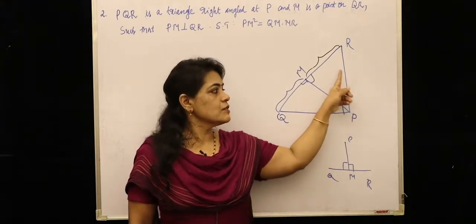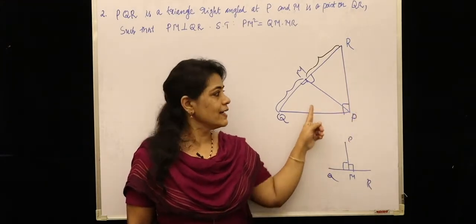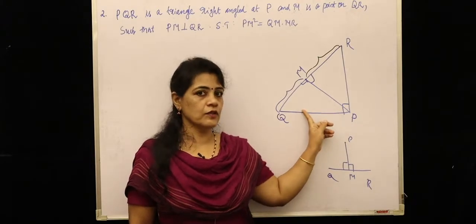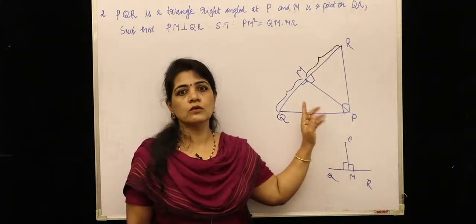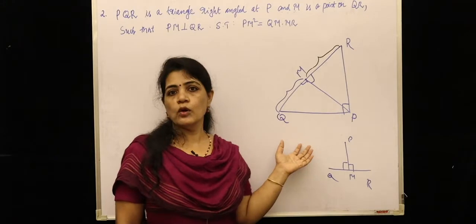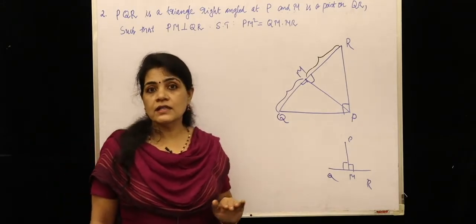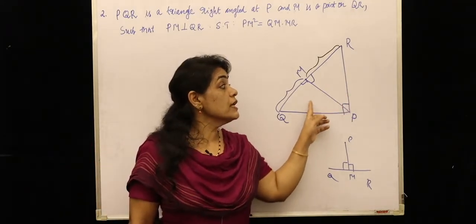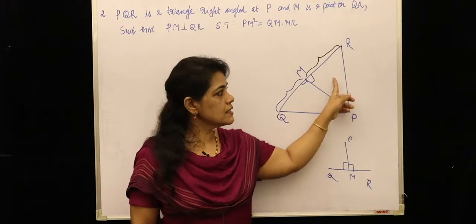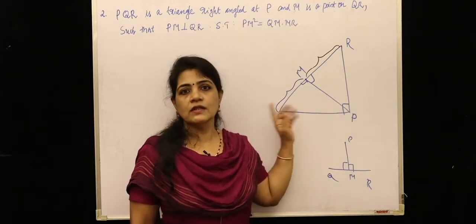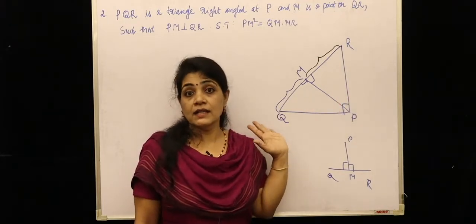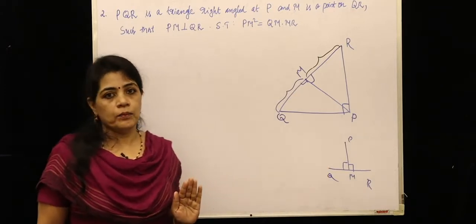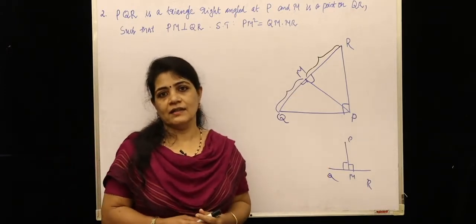This triangle is similar to PQR, and the triangle on this side of the perpendicular is also similar to this whole triangle. And one more result, they are similar to each other. That is, this triangle is similar to this triangle. That is the result we are going to apply in order to get the required result.